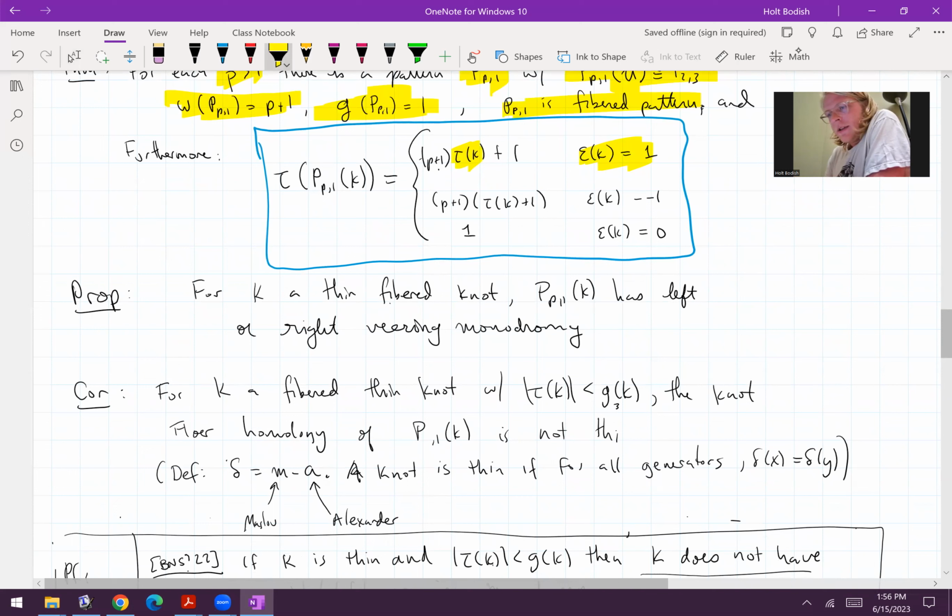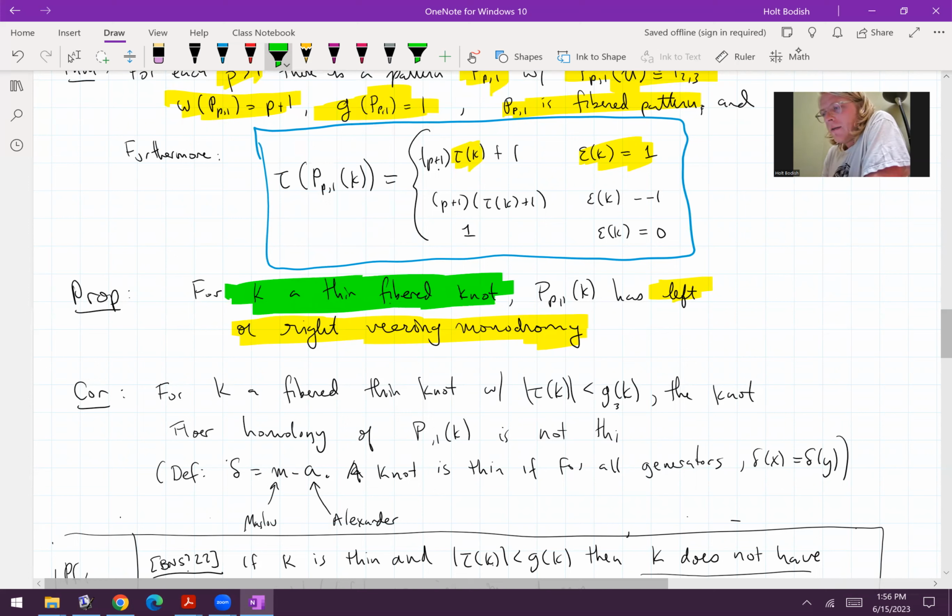Furthermore, since you know that these are fibered, you might ask, what about the next to top Alexander grading, which, as we saw in the previous talk, somehow detects whether or not the monodromy is left or right veering. And you can show using a structure theorem for thin knots that if I have a thin fibered knot, the satellite I get using this pattern always has left or right veering monodromy.